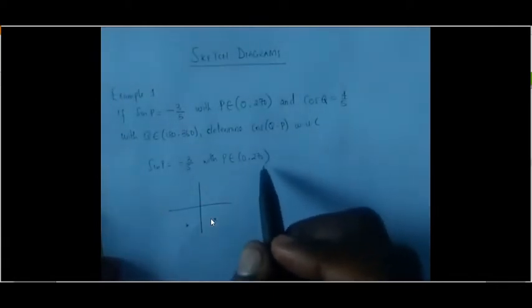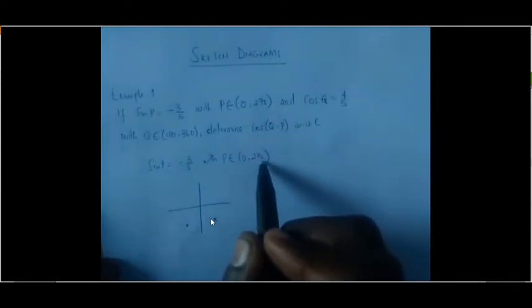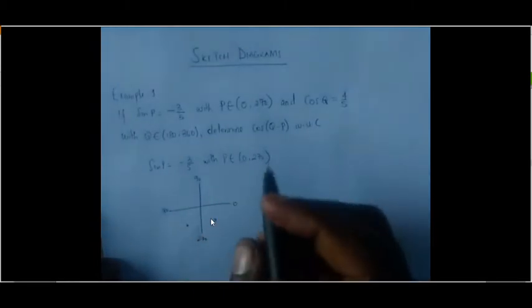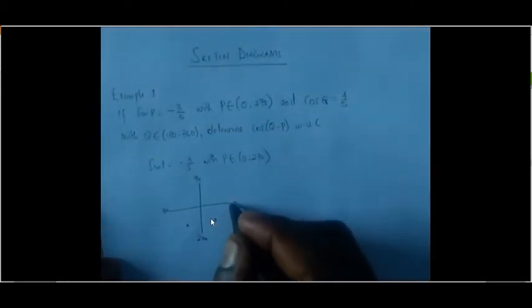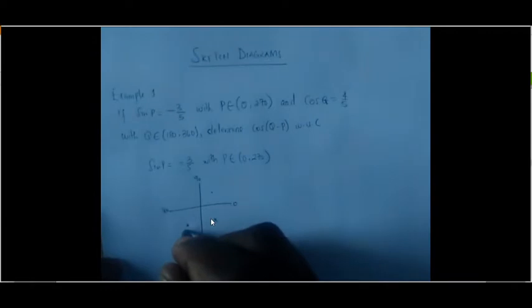And then the next thing is that p has to lie between 0 and 270. So if that is 0, that's 90, 180, and that is 270. So p has to lie between 0 and 270, so it should either be in the first, second, or third quadrant.